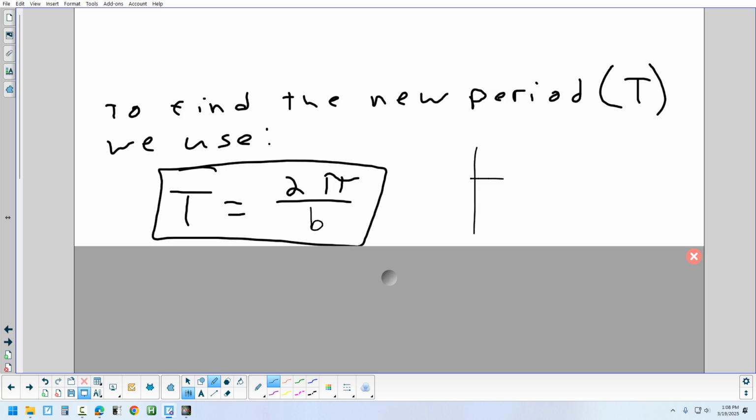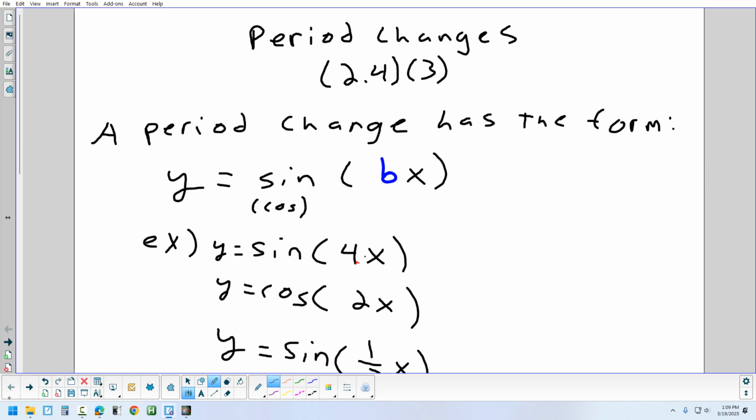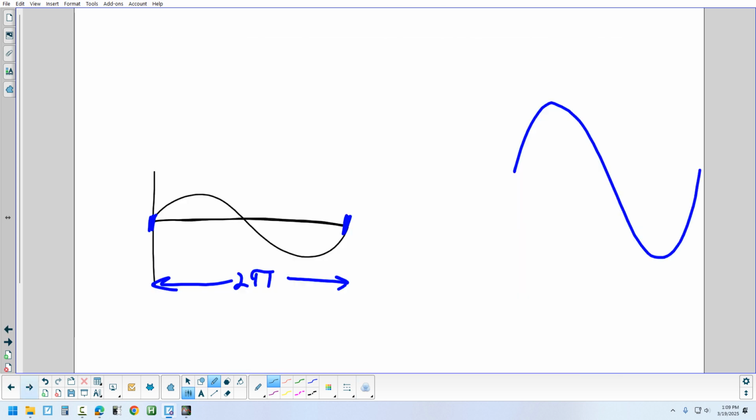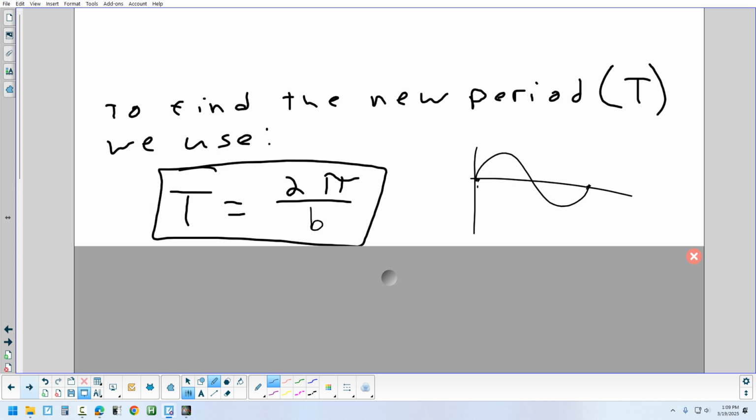How long does it take for the graph to do this? What is that distance? That's the formula to find it. You take the original length, which is 2 pi, and you divide by b. And b is whatever number you put right there. So 2 pi divided by b will tell you the new length of the wave.